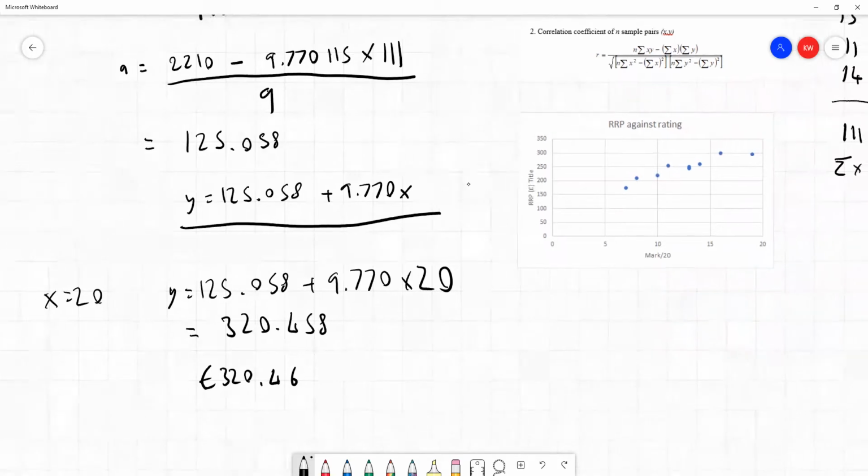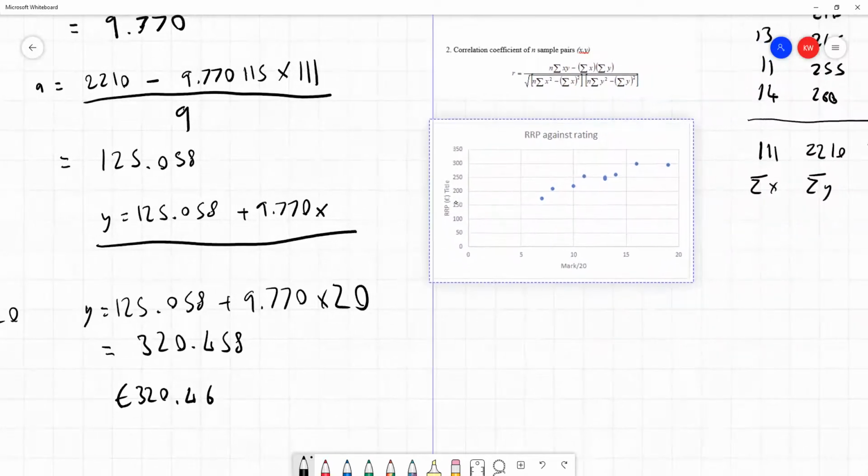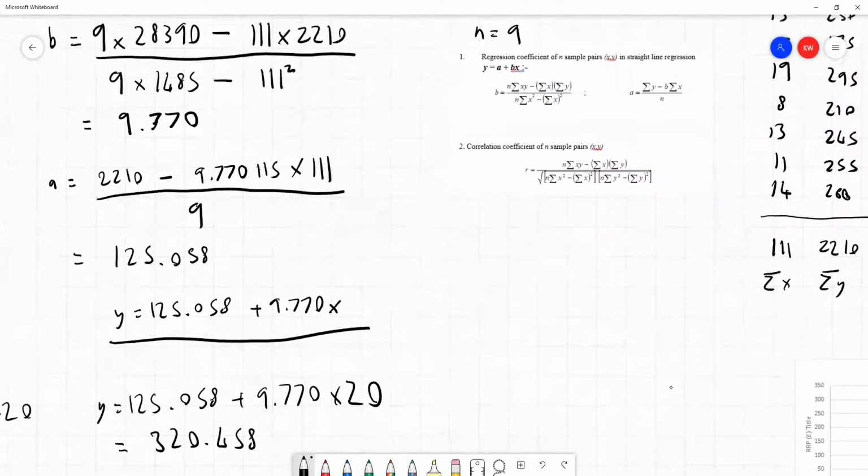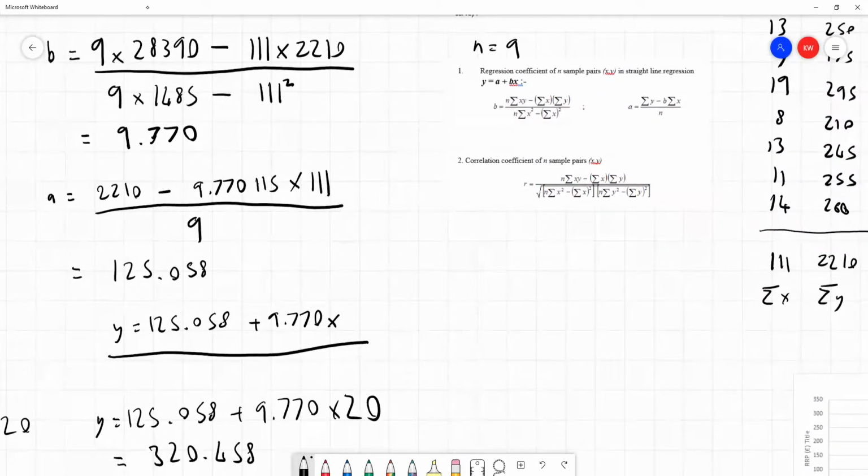The final part of the question, I'll move the graph out of the way because it's right here. The important question is to calculate the correlation coefficient, and r is given in the second line here, equation 2. Again, we looked at the graph, we thought it's quite close to being a straight line, so we shouldn't be surprised if this answer is about 1.